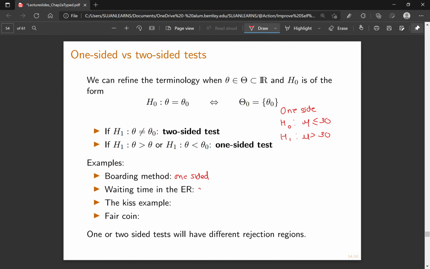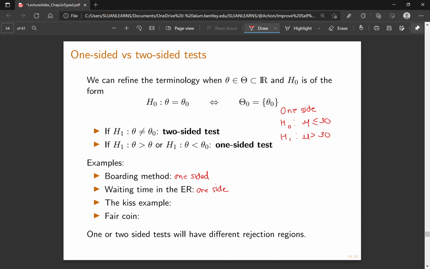Here we are trying to see whether Plainsboro Hospital has a waiting time greater than 30 minutes. 30 minutes is a national average, and we are trying to see whether Plainsboro Hospital has a waiting time greater than 30 minutes.